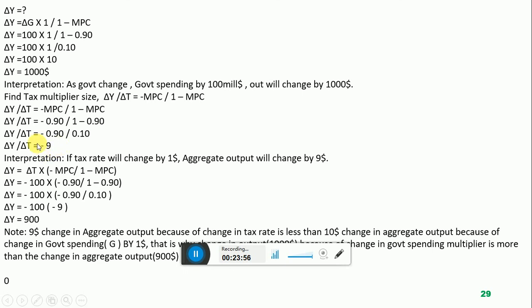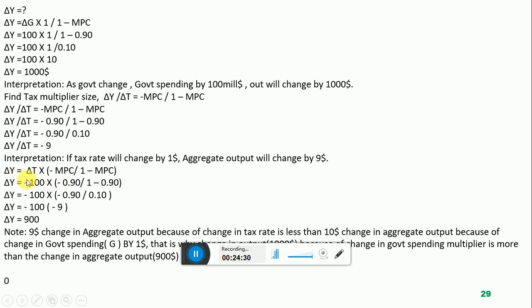So you can directly take the value of minus MPC divided by 1 minus MPC, which is minus 9, and put it for the tax multiplier size. But if you want to repeat the full calculation, you can.